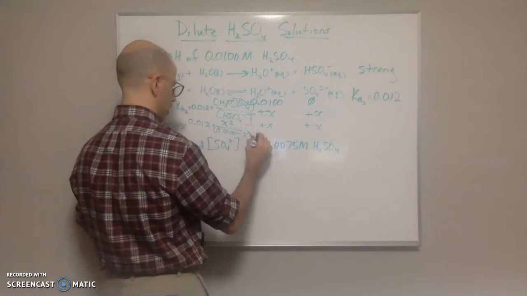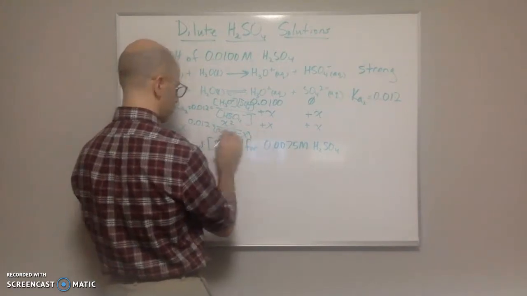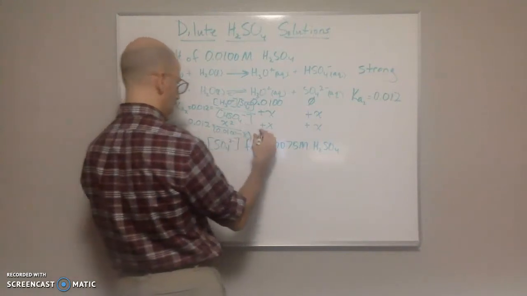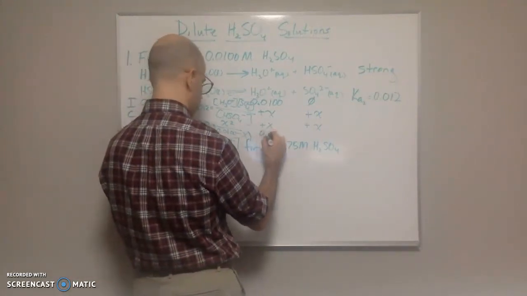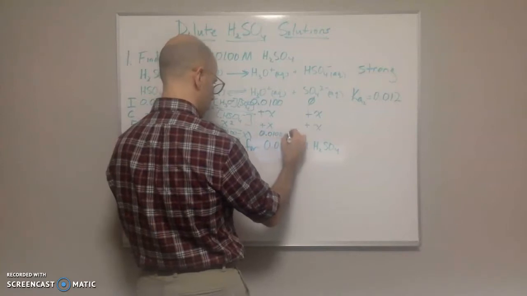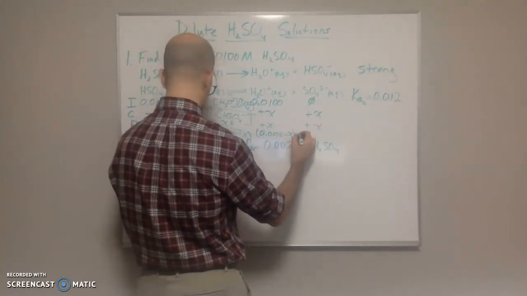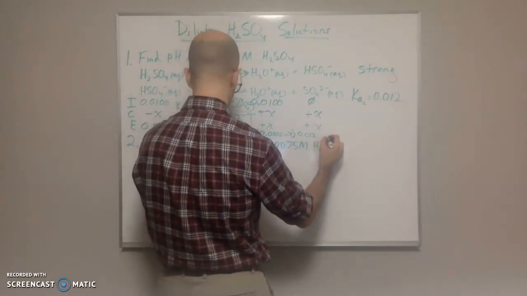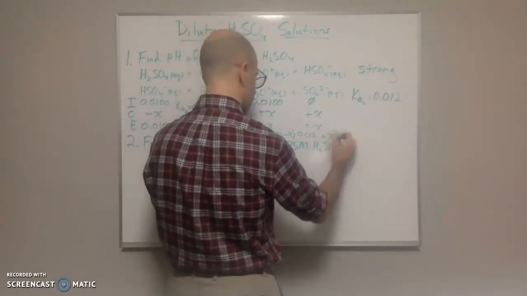If you multiply both sides by this on the bottom, you end up getting 0.0100 minus x multiplied by 0.012, and that's going to be equal to x squared.